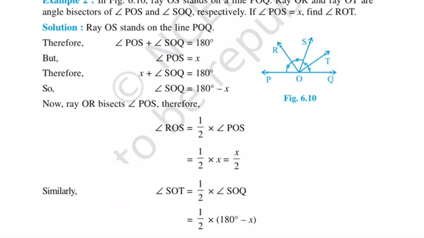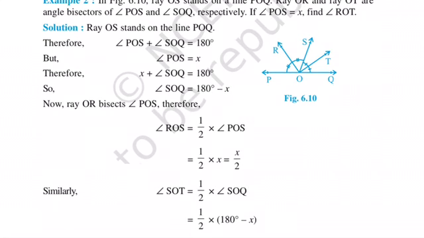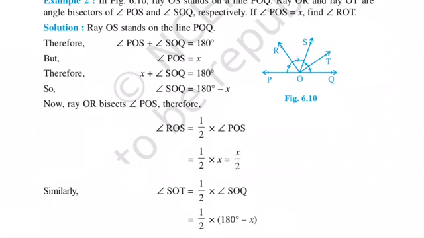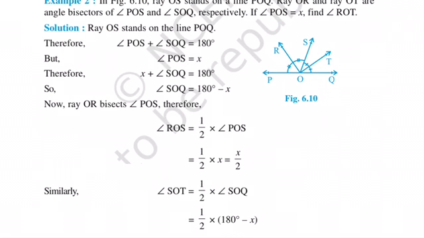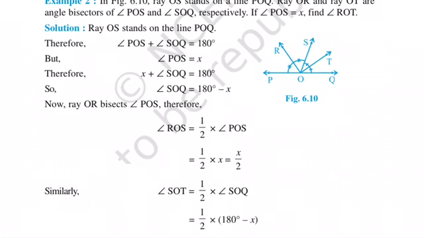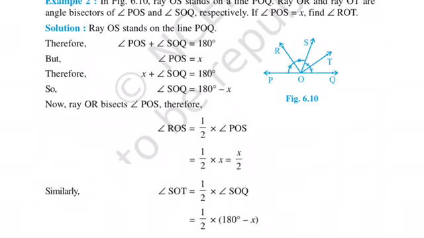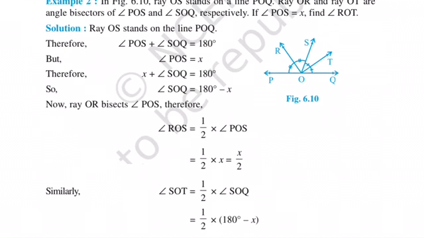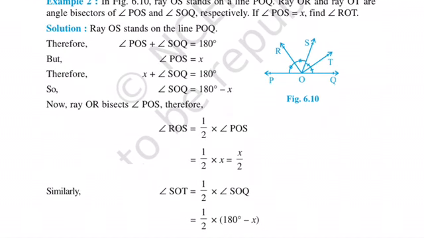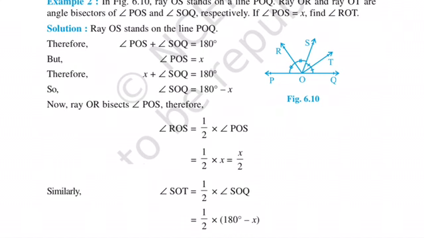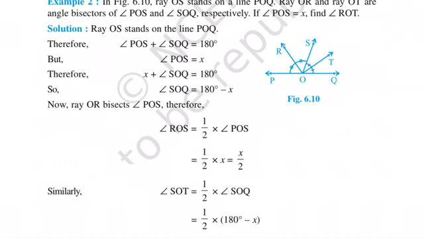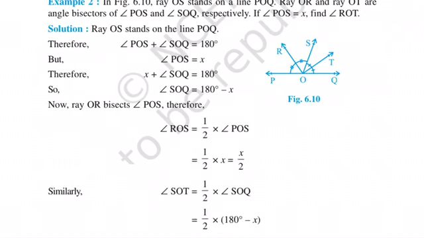And what thing is given? Angle POS is equal to x. It means x plus angle SOQ is equal to 180 degrees. And when we transfer x to this side, then angle SOQ is equal to 180 minus x.